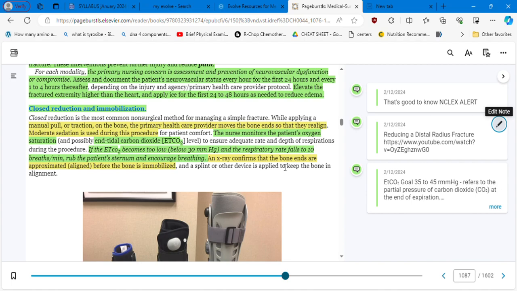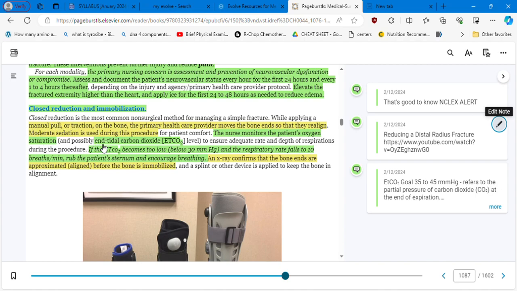And the respiratory rate falls to 10 breaths per minute. So let me repeat this because I think it's not clear. The nurse monitors the patient's oxygen saturation, right?